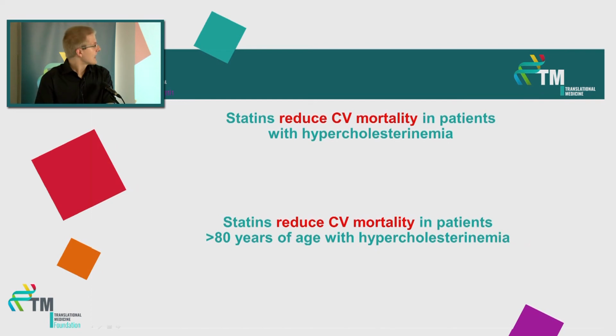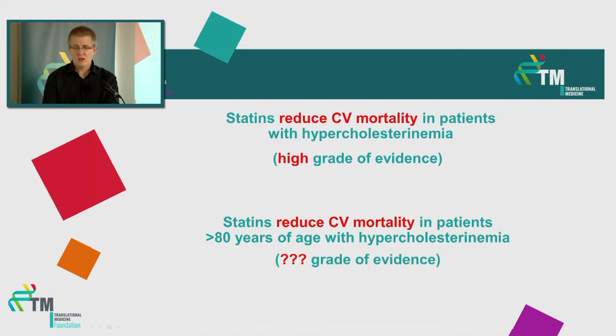So let's see again our examples. Statins reduce CV mortality in patients with hypercholesterolemia. This is of high grade of evidence. What if I modify the PICO? Statins reduce cardiovascular mortality in patients above 80 years of age with hypercholesterolemia.